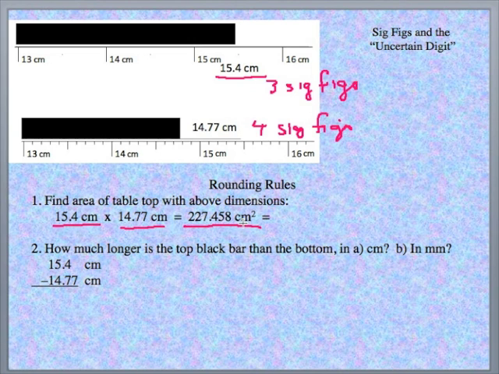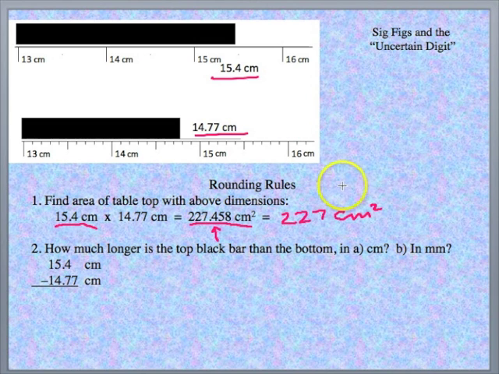We would need to round this answer to 3 significant figures, the smallest number of significant figures of the data leading to that calculated value. When multiplying or dividing data, you round off your answer to the smallest number of significant figures of the parent data. So our area would be expressed as 227 square centimeters.